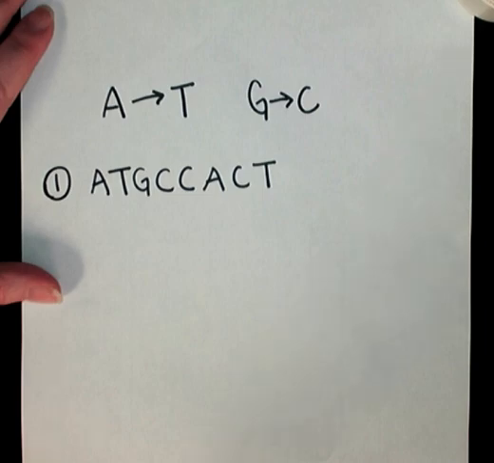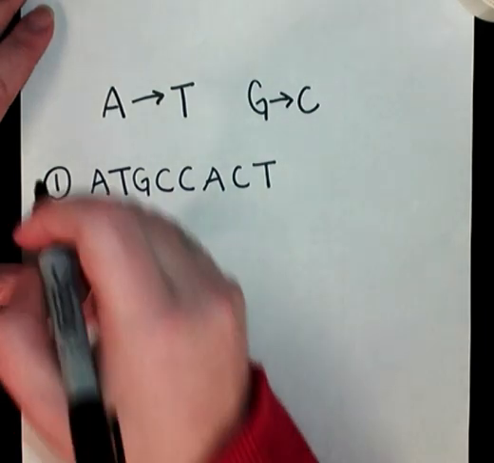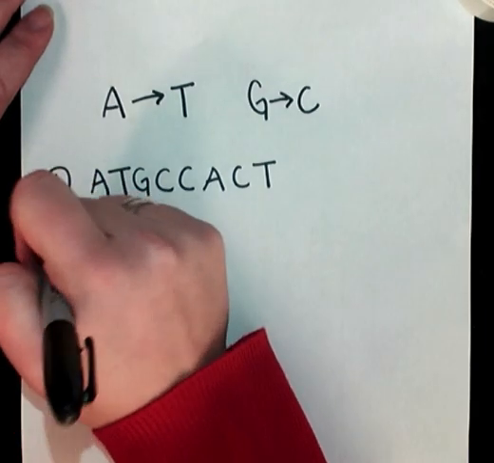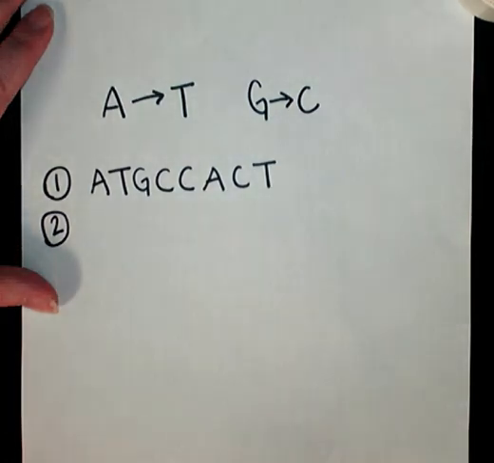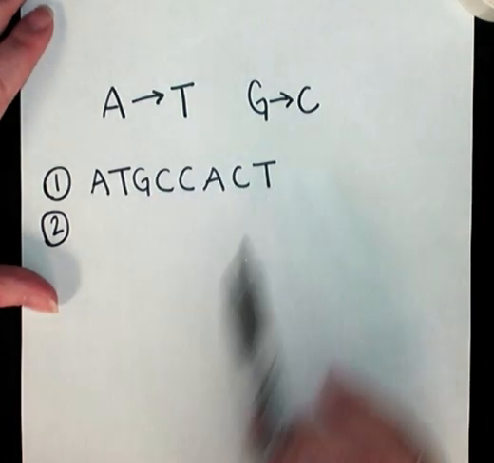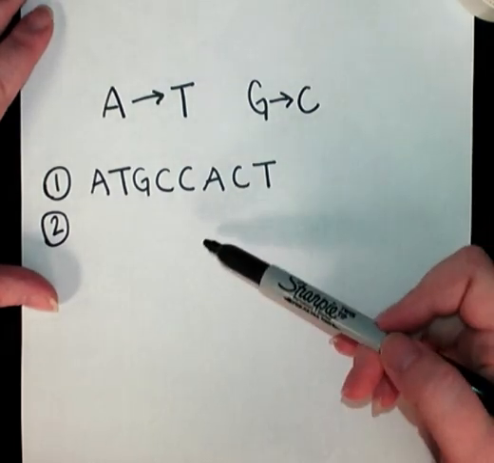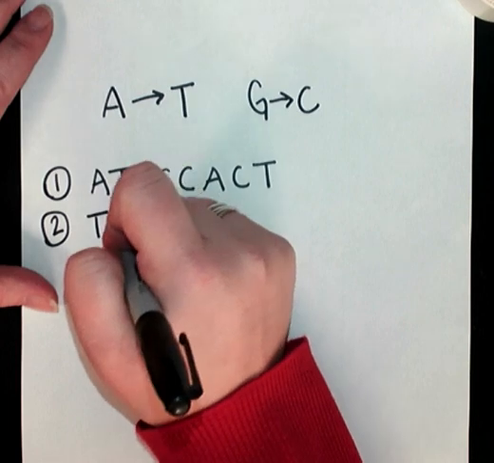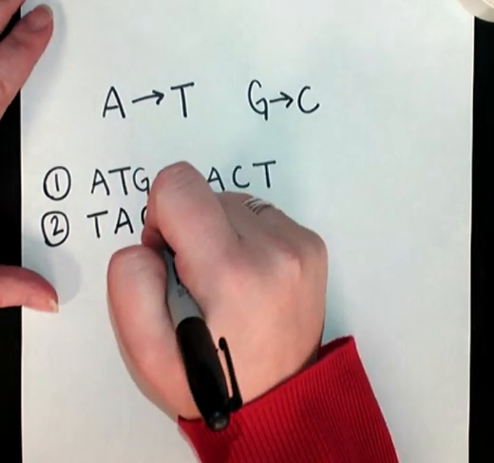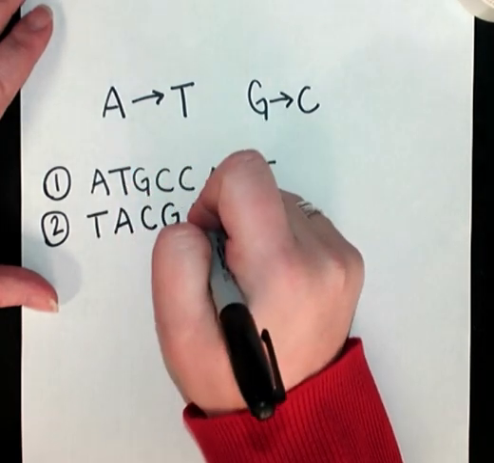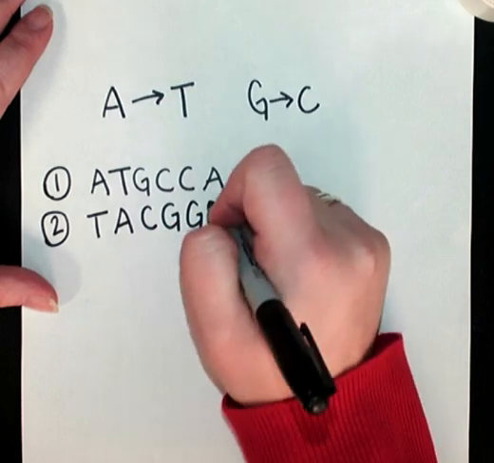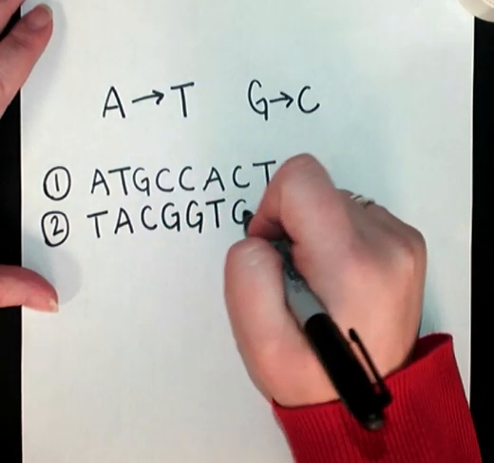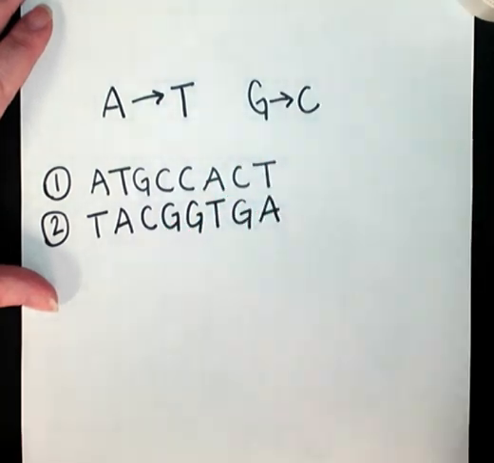Now what I find helpful is to take the second strand of DNA and write it underneath this first one. And in the reading, it says that the line that matches with this one, so line 2 for this code, is T, A, C, G, G, T, G, A.